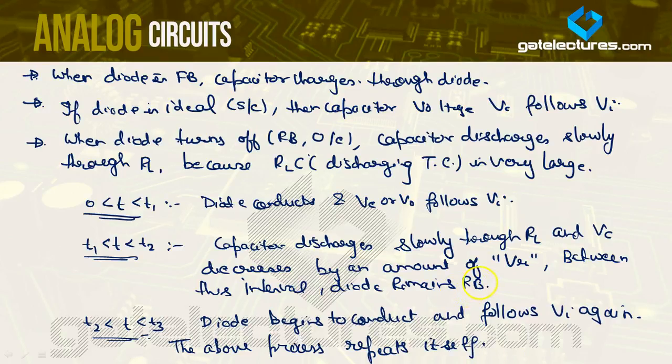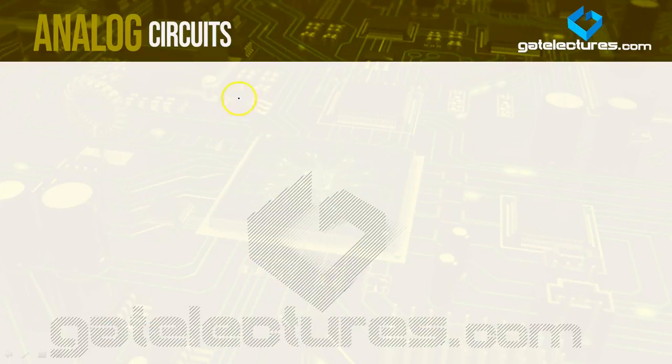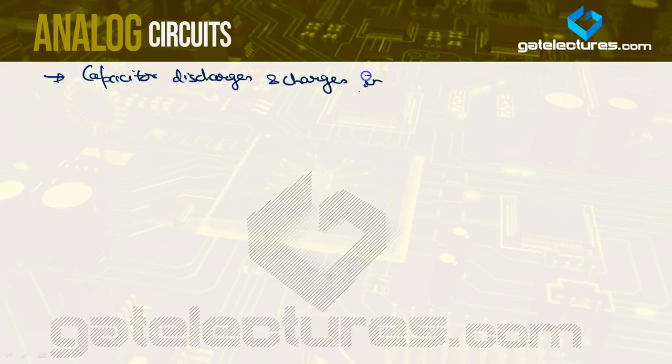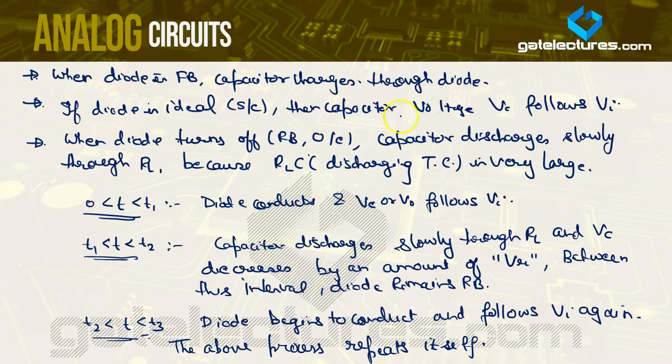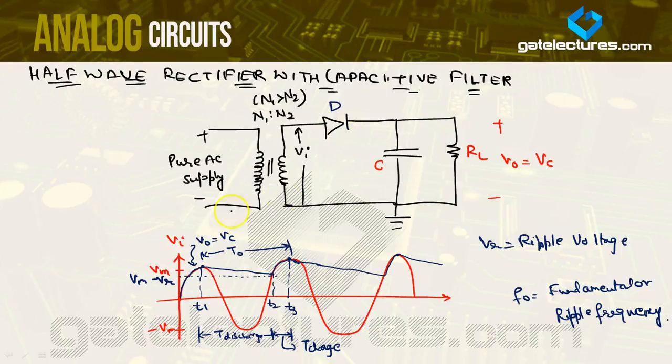Okay, so now you can see that the capacitor discharges and charges in one time period, as it is already clear to us at this point that in T naught it is both charging and discharging.